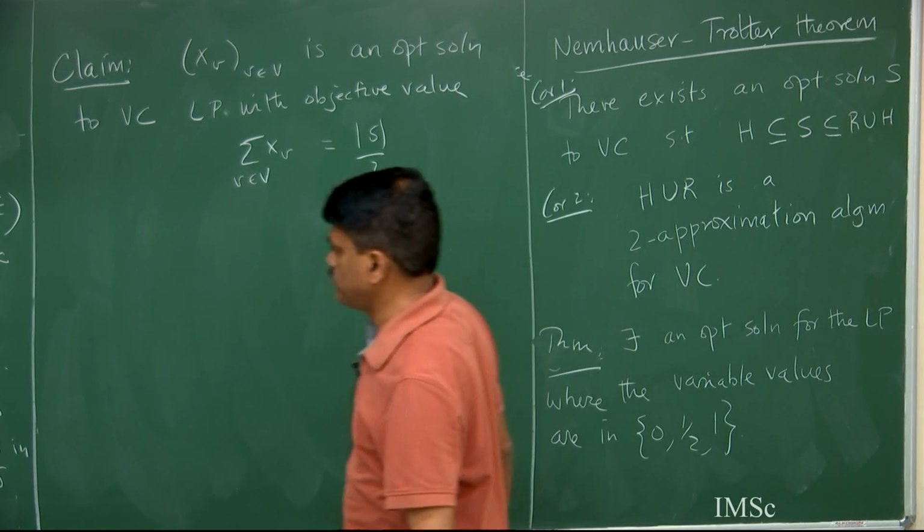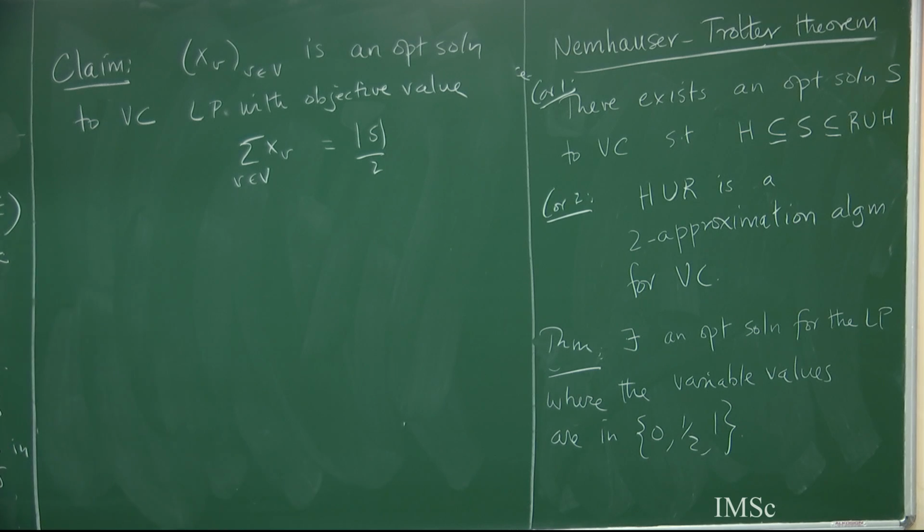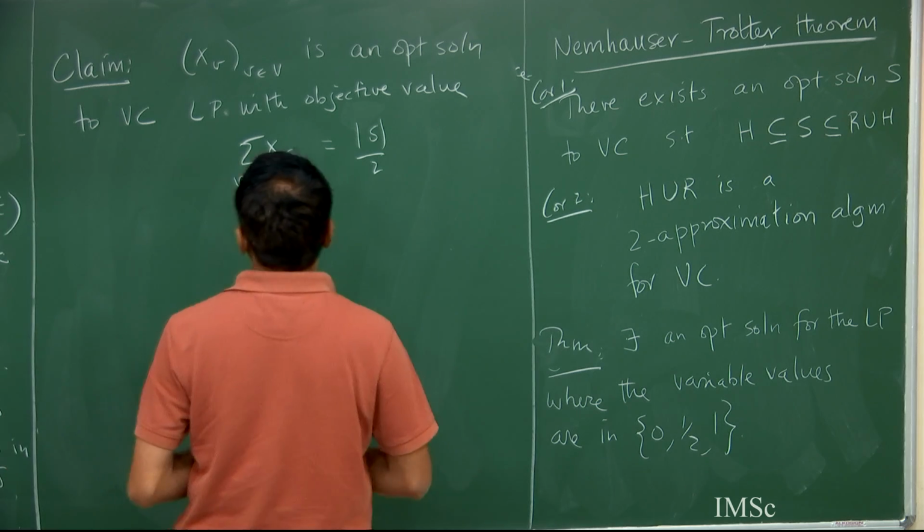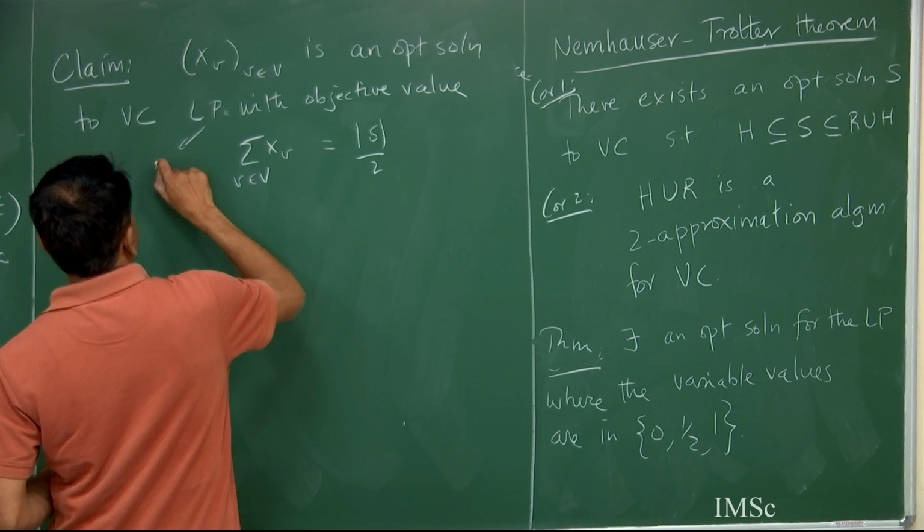Because if both copies are there, I'm going to set it to 1. Only one copy, I'm setting it to half. If it's 0 here, 0 here. So I have to show that it is actually a feasible solution to the vertex cover LP in G, and that it is an optimum solution. So, vertex cover LP of G.